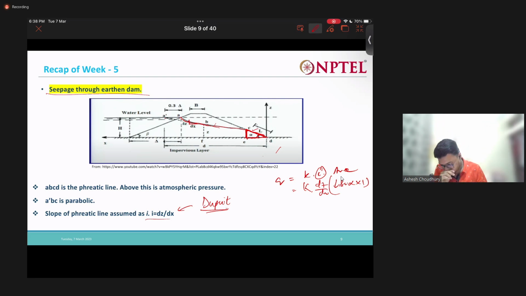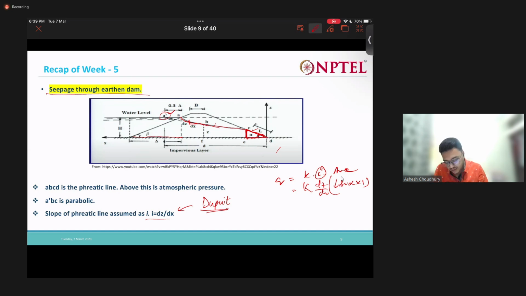Then we need to determine this delta. This will also be known to us because you will be knowing the water level of the dam. If delta is known, we can get 0.3 delta and we can find this A dash. So we have located A dash successfully.